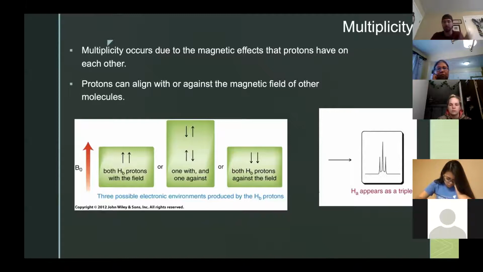It can align with the other and against the opposite one, if that makes sense. There's two possibilities of aligning with one and against one, whereas if it aligns with both of them, there's only one possibility. That's why it's shorter.